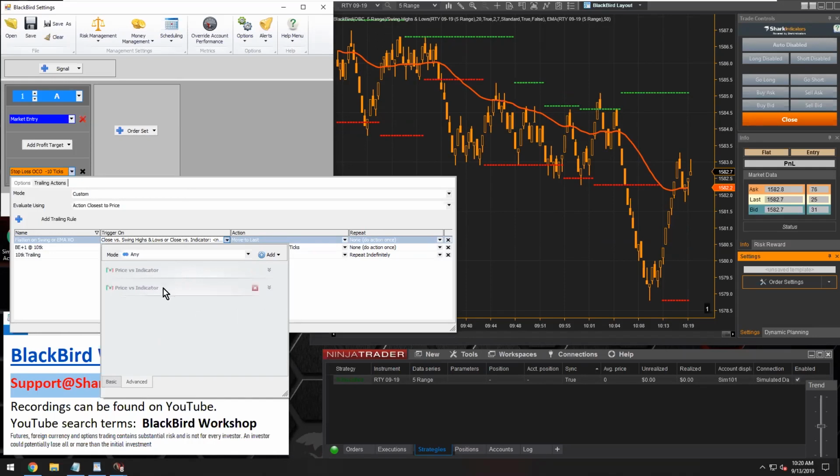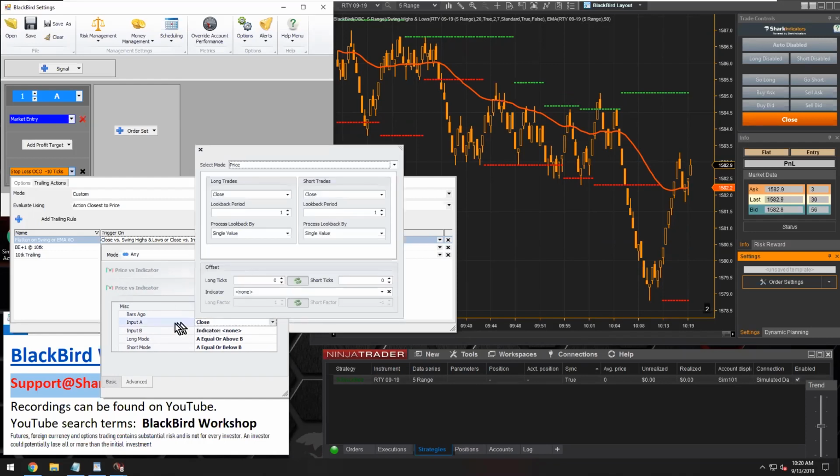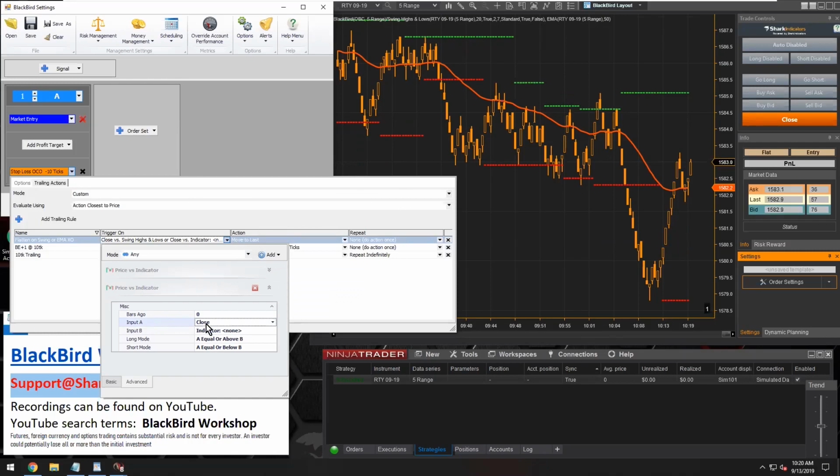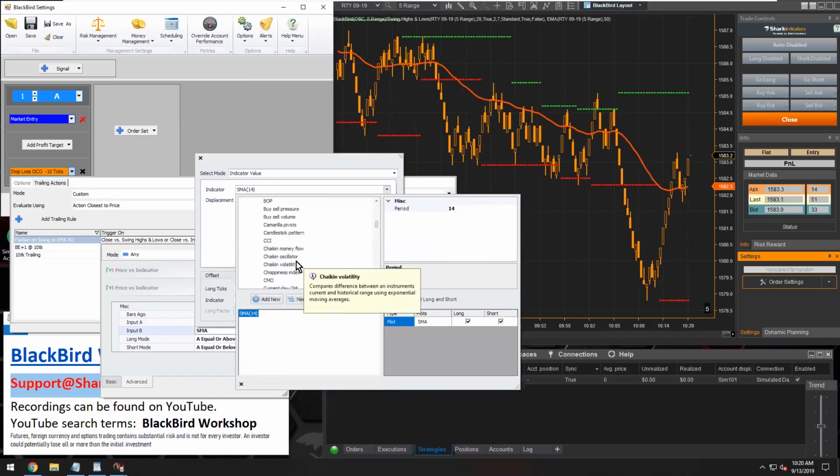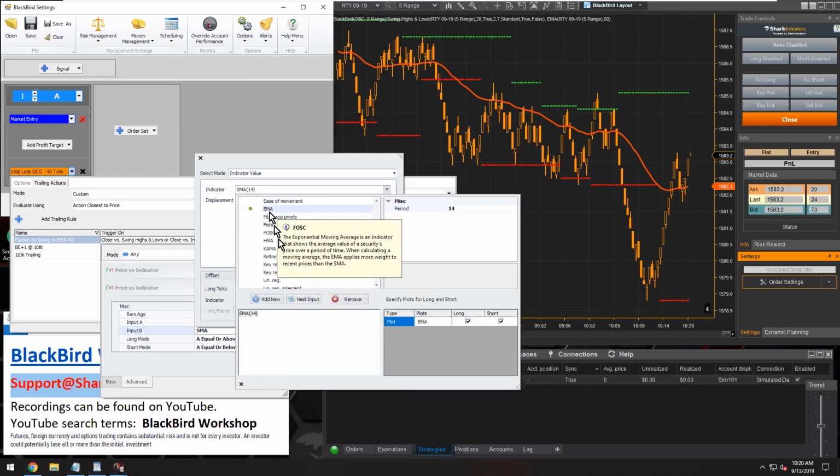Let's go down into this second price versus indicator. Input A is going to be the closing price of the bar. Input B will be our EMA. There's the EMA, and let's make sure we put in a 50 period.